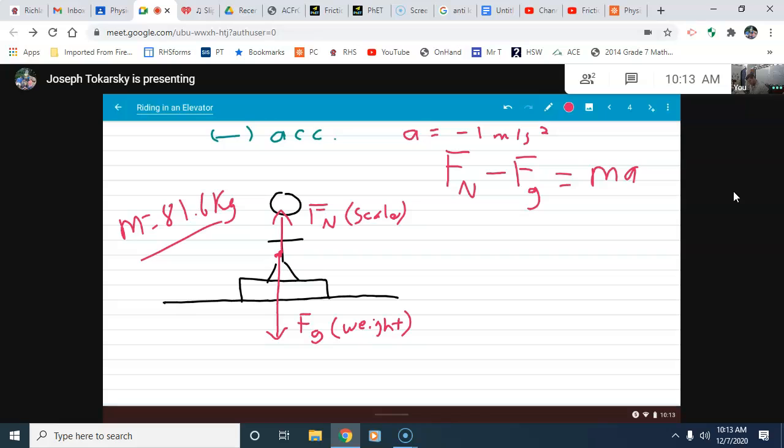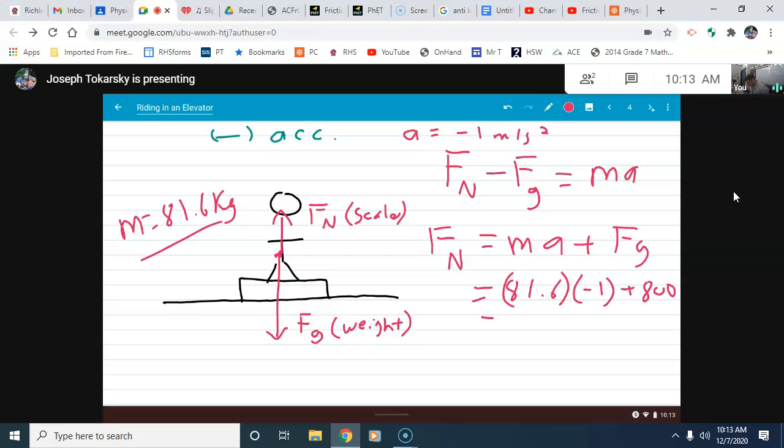Alright, so let's do the math and plug in the numbers and prove that the scale reading would be a smaller value. The normal force, or scale reading, would equal ma plus the weight again, but because a is negative, that makes this whole term mathematically negative when we plug in the numbers.